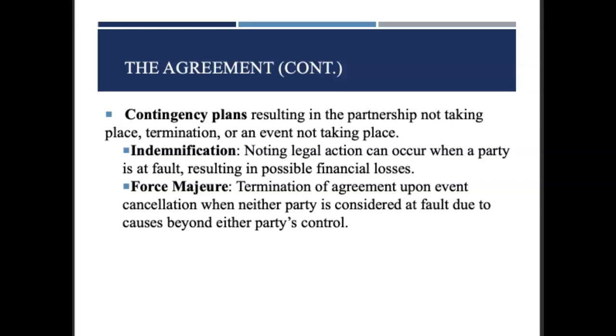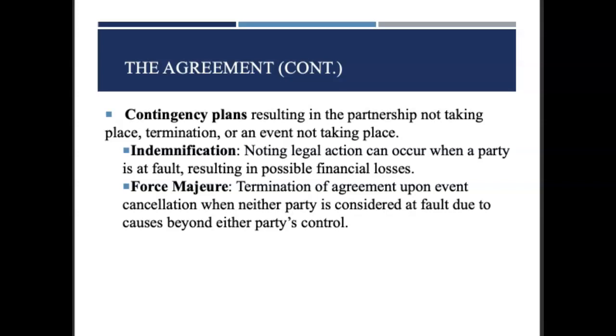Second thing we also need to include is the force majeure. Force majeure is about the termination of the agreement upon event cancellation, when neither party should be responsible for compensating the other's loss, because the event got canceled, which is completely out of control of either party.